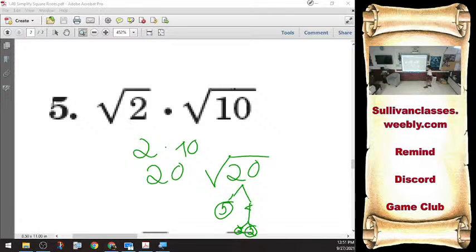Yes. What can I do with the pair of 2's? Maybe it helps if we see it, right? Square root of 5 by 2 by 2.